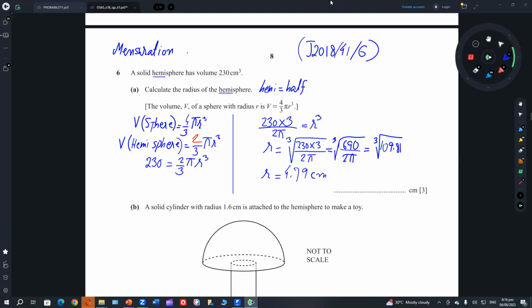Sir, I'm getting 1083.849. Can you please again see what you're writing on the top? 690 divided by, okay, fine. Maybe a bracket error, maybe write it in a bracket. 690 divided by 2 pi. How are you writing pi?